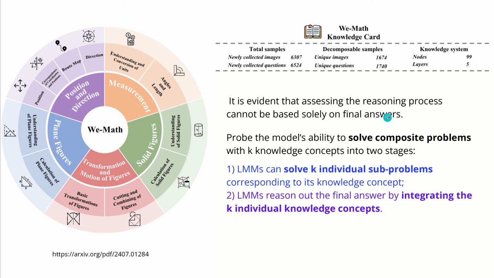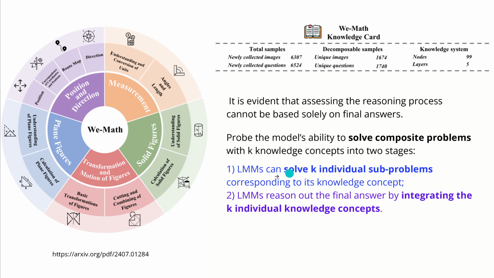Now they say, hey, it is evident that assessing just the final answer will not give us an insight into the reasoning process of a multimodal model. Therefore, we probe here the model's ability to solve composite mathematical problems with K knowledge concepts in 2 stages. At first, we see if our LMMs can solve here K, 2, 3 individual mathematical subproblems corresponding to its knowledge concept.